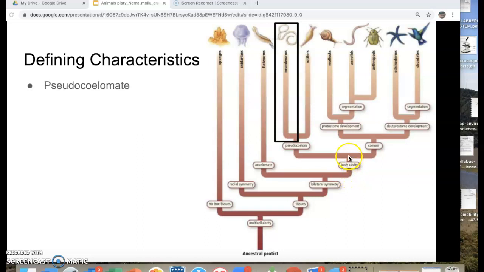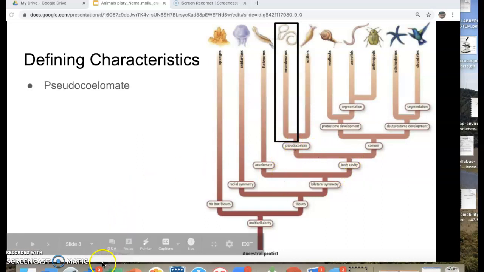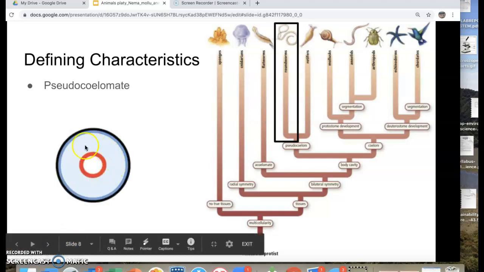So they have a body cavity, sort of, right? They're pseudocoelomates. And remember that means that the cavity is not properly developed. So there's a little bit more space in between the mesoderm and the endoderm, but it's not fully developed.